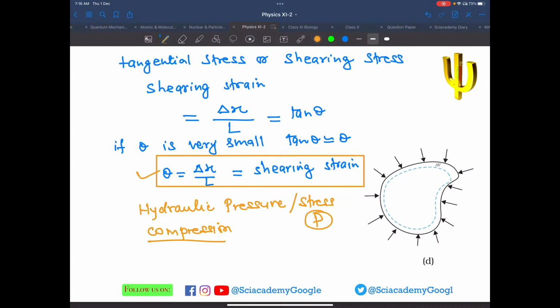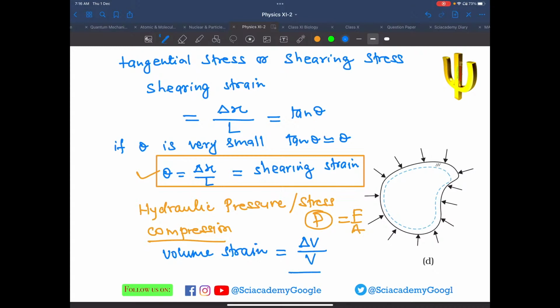Pressure is nothing but force per unit area. And in this case, volume strain, because there is a change in the volume here, is given by the change in volume to the initial or original volume.